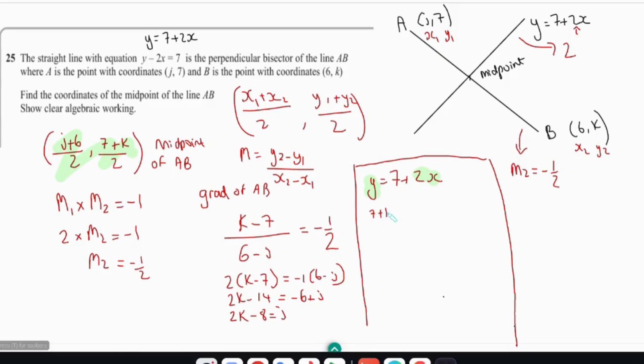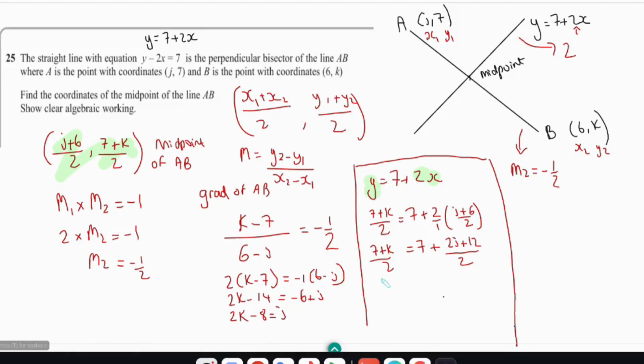So my y coordinate is 7 plus k over 2. So I need to multiply out these brackets. 2 is the same as 2 over 1. And then just multiply the numerators, multiply the denominators.